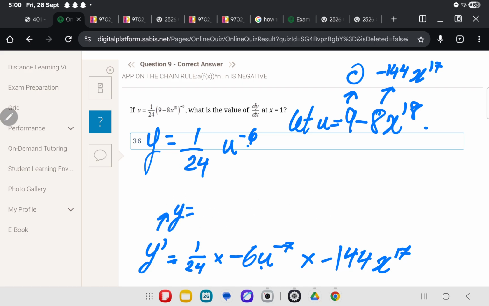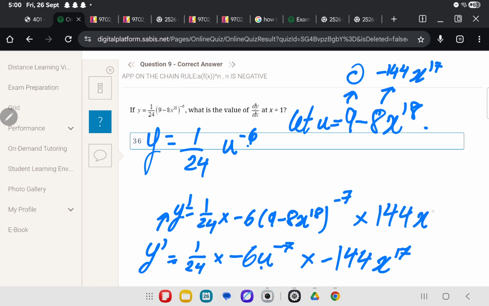y prime is equal to 1 over 24 times negative 6 into 9 minus 8x to the power of 18, to the power of minus 7, times 144x to the power of 17. Now I'm going to substitute 1 whenever I have x. So here, here, and here. Always remember the bracket here, so that the exponent applies to the whole thing.